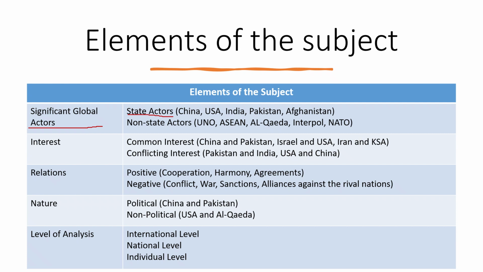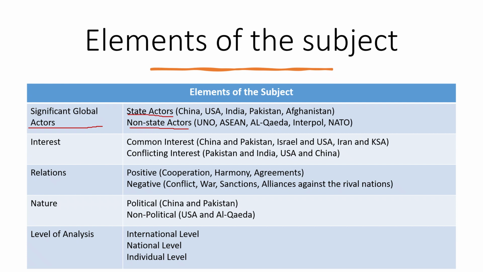We call them state actors, and these actors are significant in the world because their role is significant in the world. These actors make an international society, and we all live in this world. We have relations and everything. Now, non-state actors.